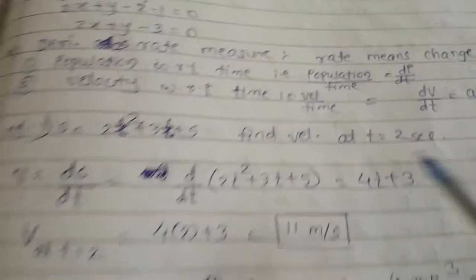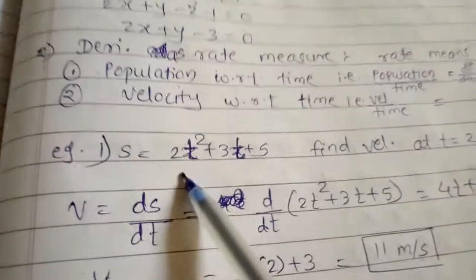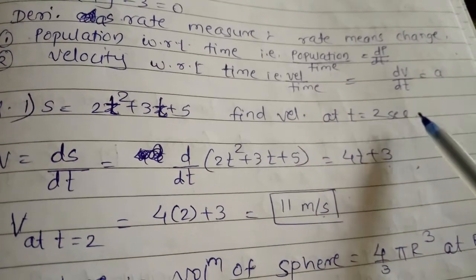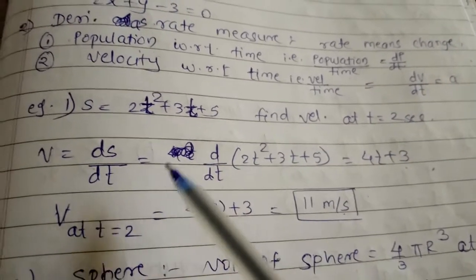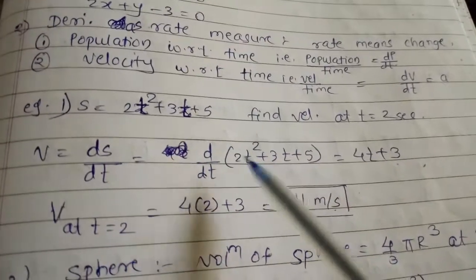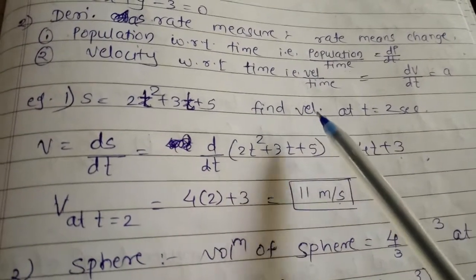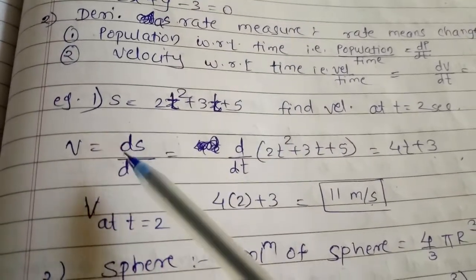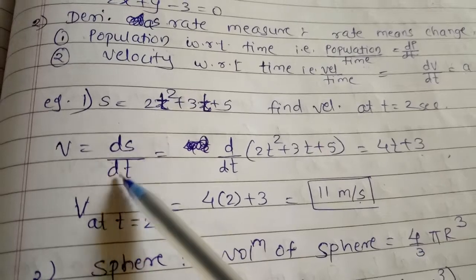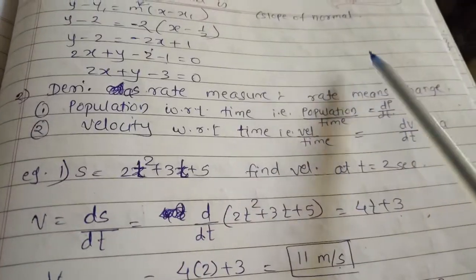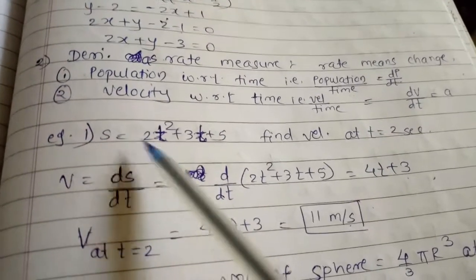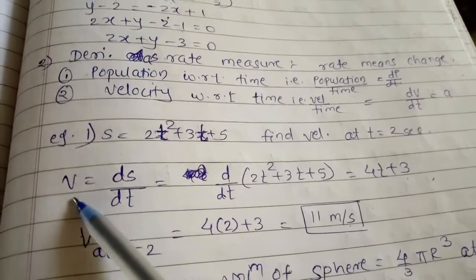So we take one example. For example, we are given displacement, that is 2t square plus 3t plus 5, and we have to find out the velocity at t is equals to 2 seconds. हमें अगर वेलोसिटी फाइंड आउट करना है तो आपको पता है that is rate of change of displacement. सो रेट ऑफ चेंज मतलब d by dt, because you know that rate is nothing but the change. So if we take the rate of change of displacement, so d by dt of s we get the velocity.